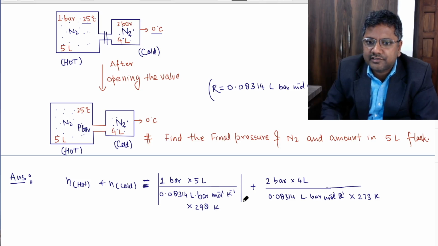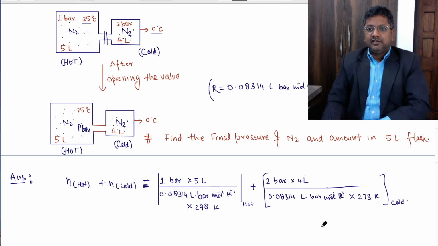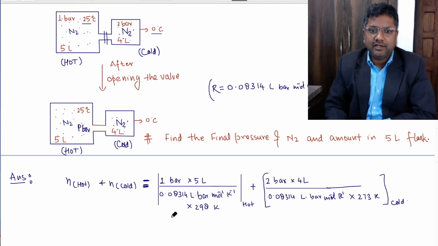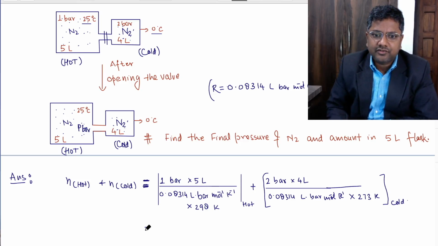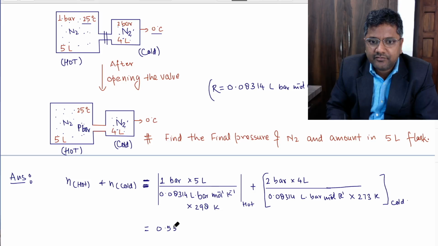So this is the hot part of the system and this is the cold part of the system. Now you can calculate, and if you solve this you will get this value 0.554 mole.